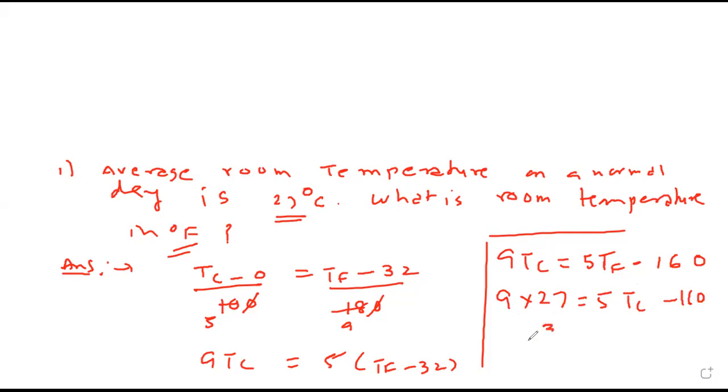9 into 7, 63, carry 6. 9 2s are 18 and 6, 24. So 243 equals 5 times Tf minus 160.